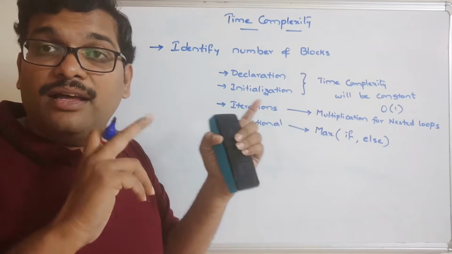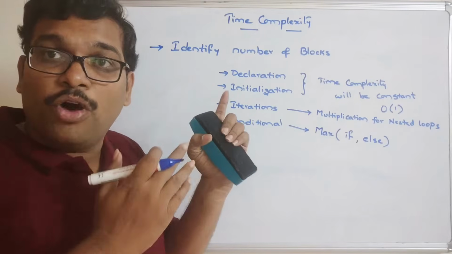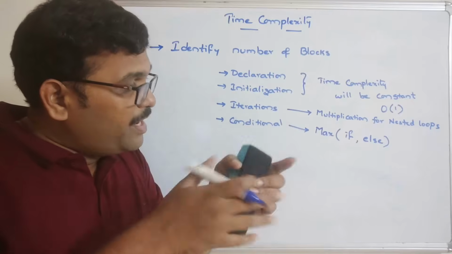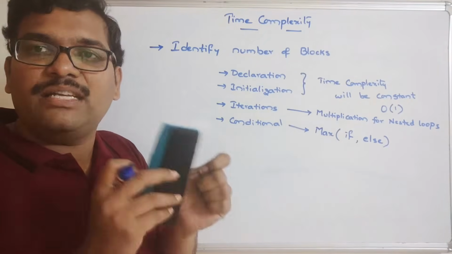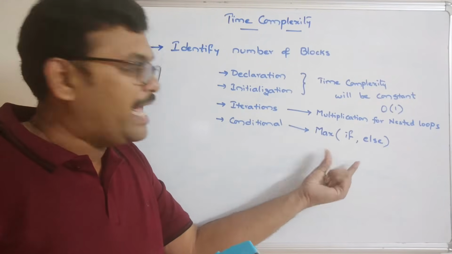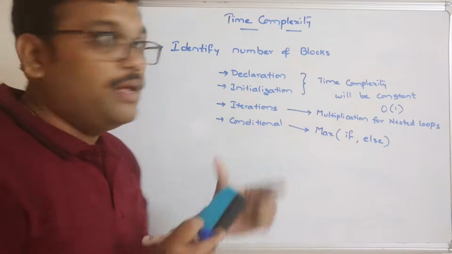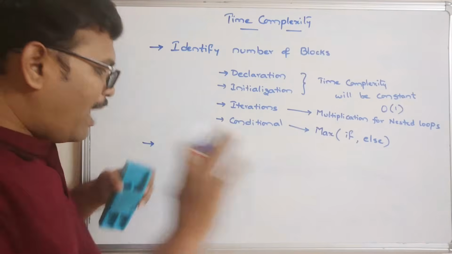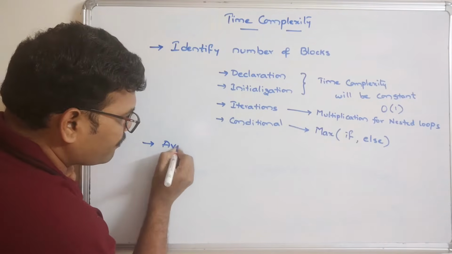We have seen the growth rates from smallest to largest in our previous session. So select the maximum time complexity among these if it is a conditional. Then what we have to do, avoid the constants.